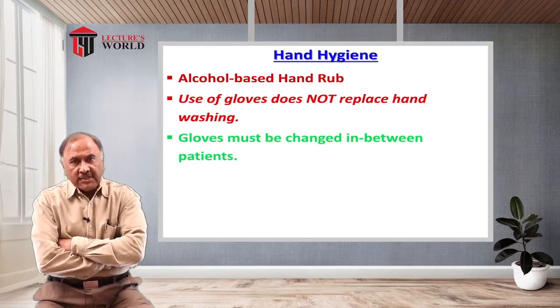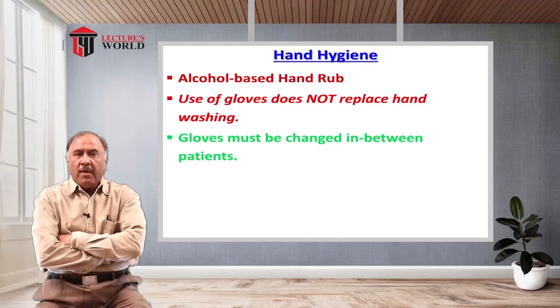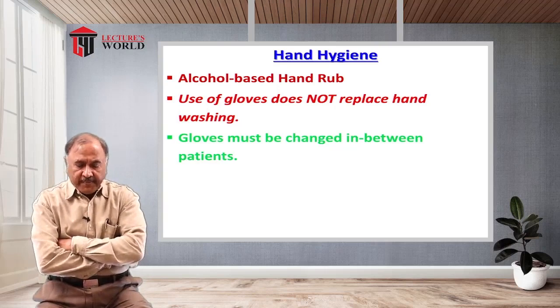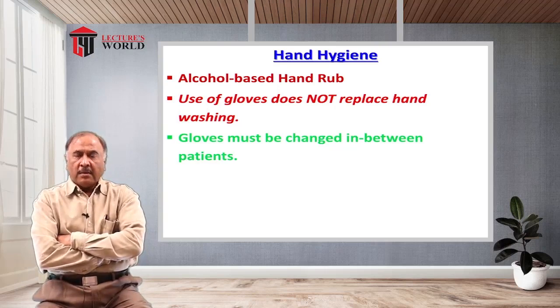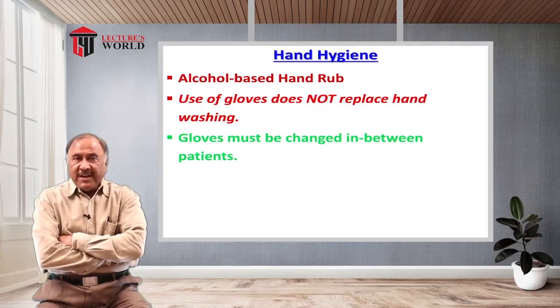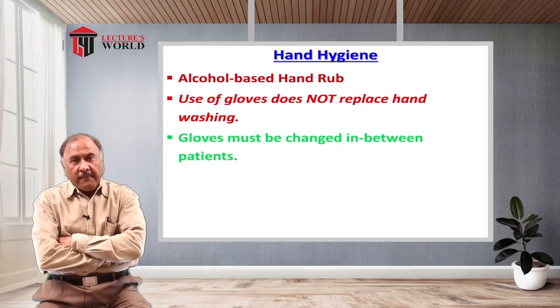So, the point is that hand hygiene is of paramount importance. One should always use alcohol-based rub. Always remember that use of gloves does not replace hand washing. This is a very important thing.